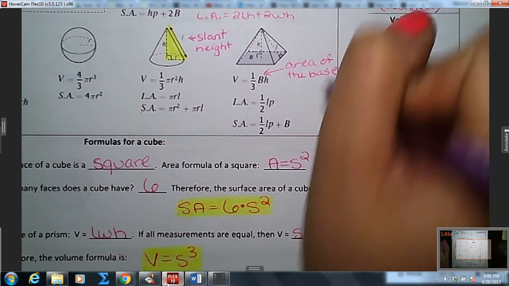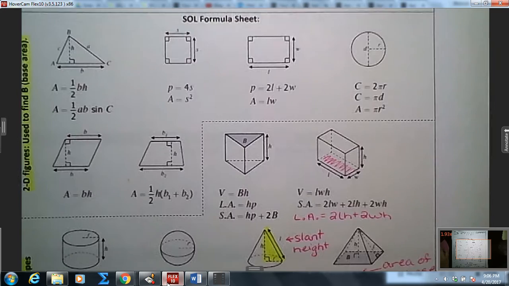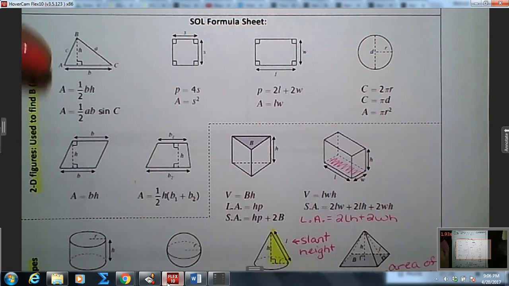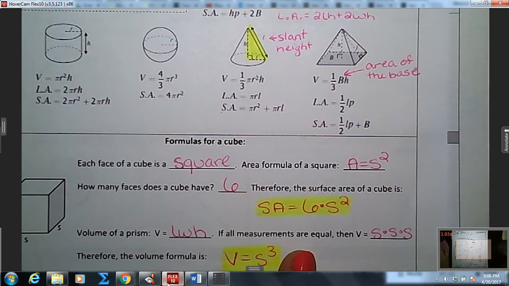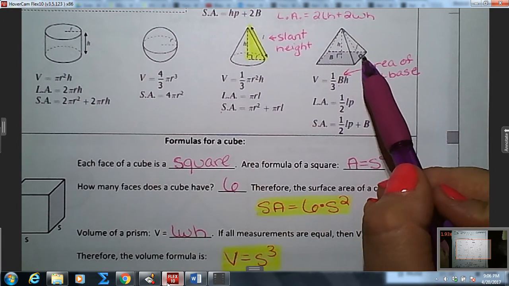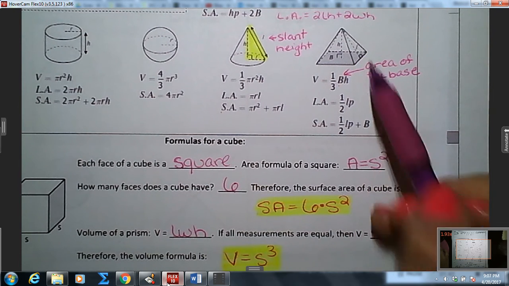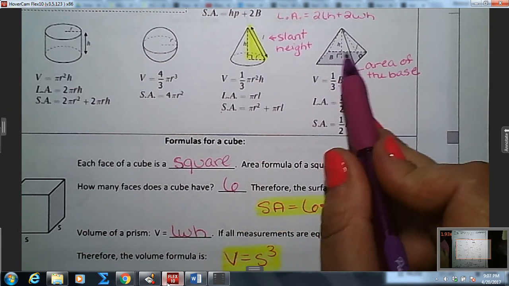So in order to find the capital B, we're going to need to use these upper formulas to find the base area, because the base is a two-dimensional figure. In the lateral area formula, it is 1/2 L, which if you look at the sheet here, L is the slanted height again, and P is not in the picture.